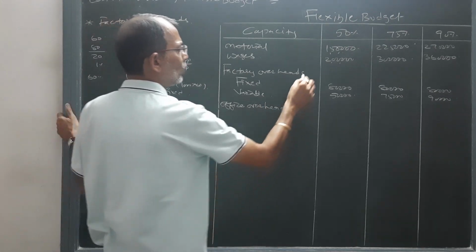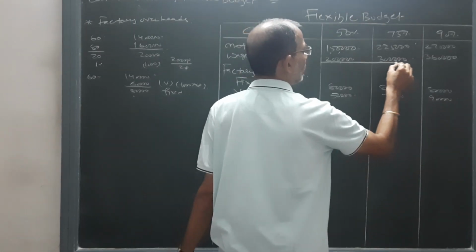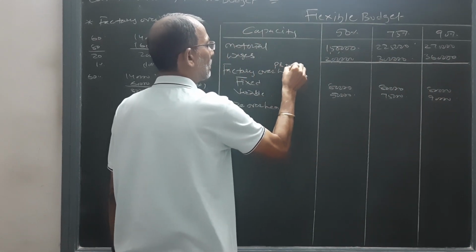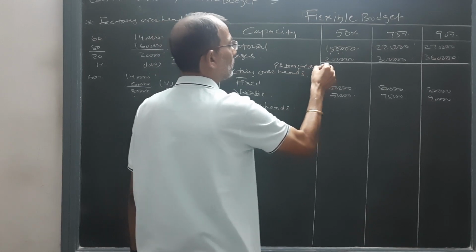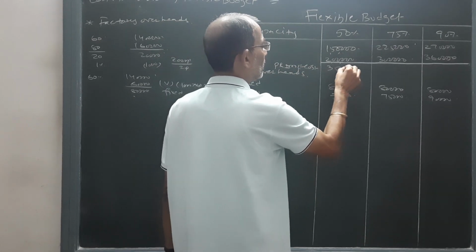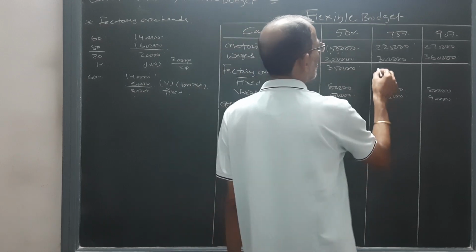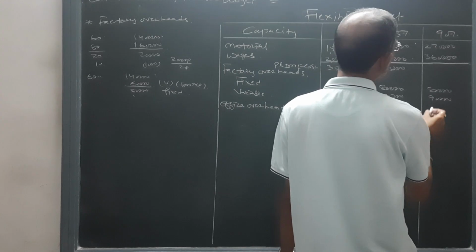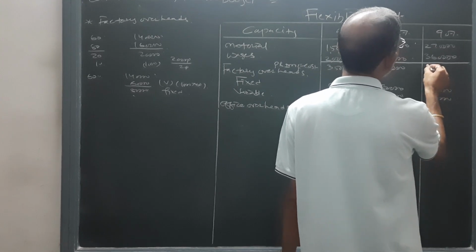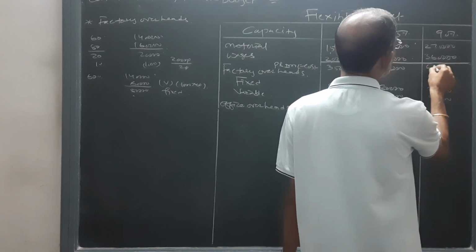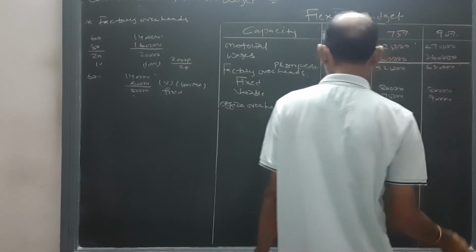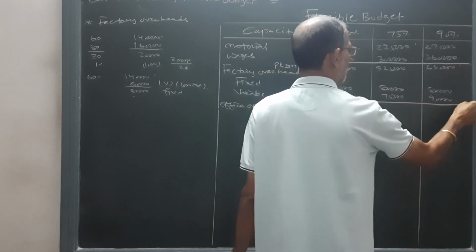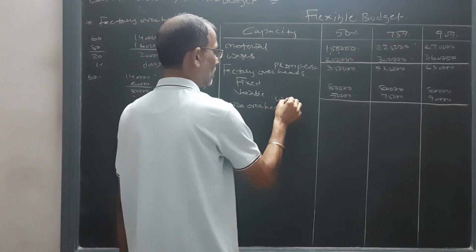Then after we will come to office overheads. If you total this, that will give you prime cost. This will be 3 lakh 50,000, 5 lakh 25,000, 6 lakh 30,000, and this will give works cost.